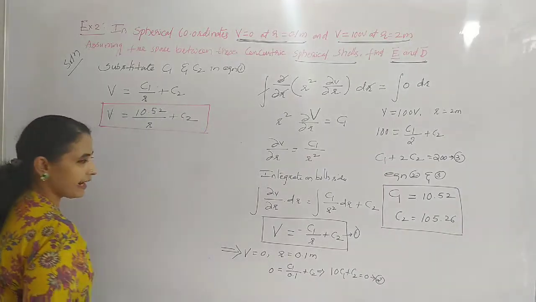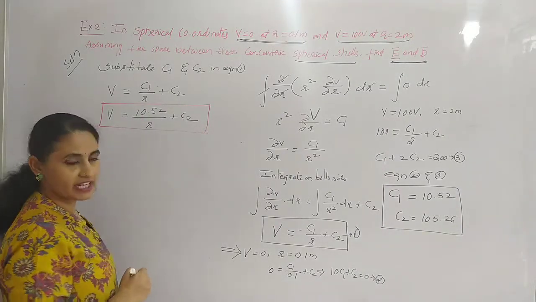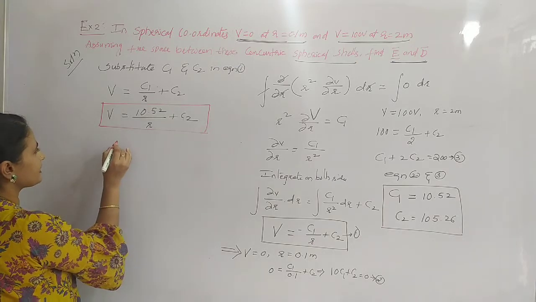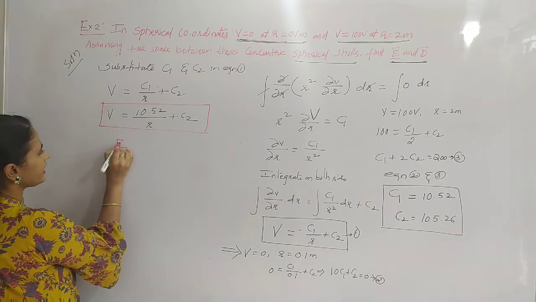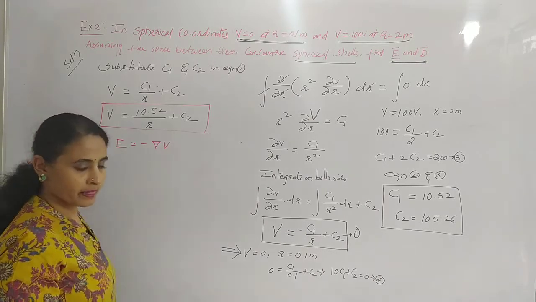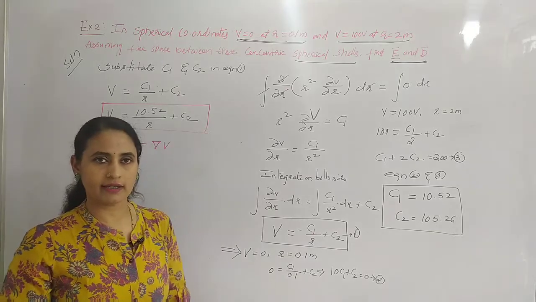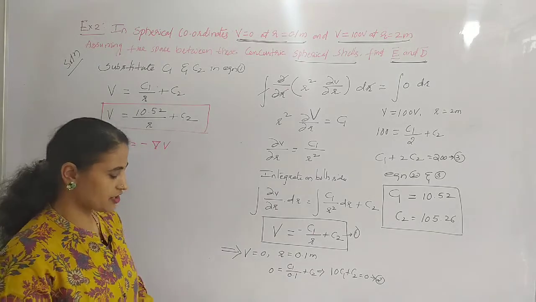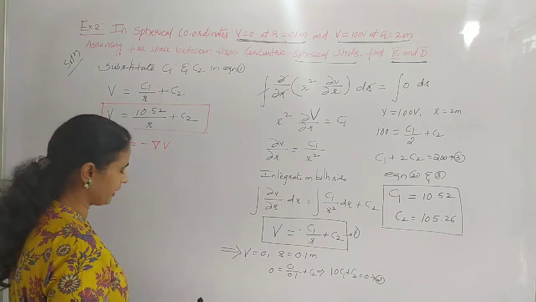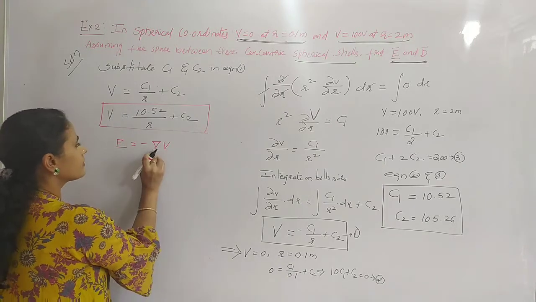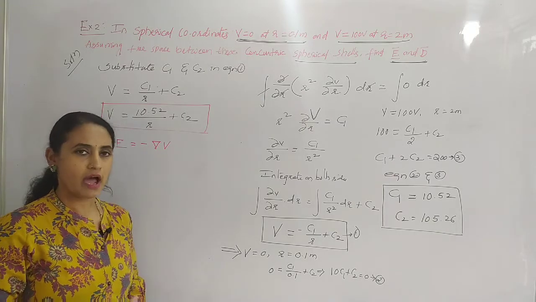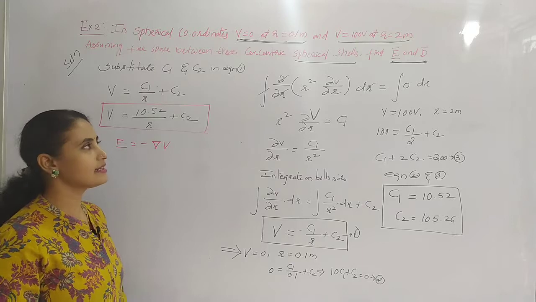We have a relationship between E and V. What is the relationship between E and V? E is given by minus gradient of V. We know the relationship between electric field and electric potential as E is given by minus gradient of V, where this del can be written in terms of either Cartesian, spherical or cylindrical.